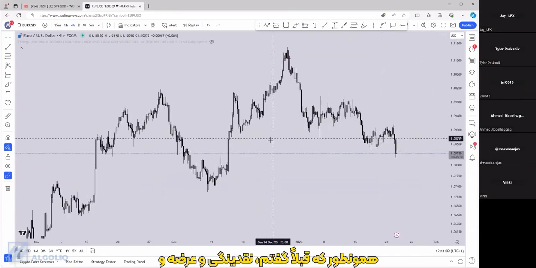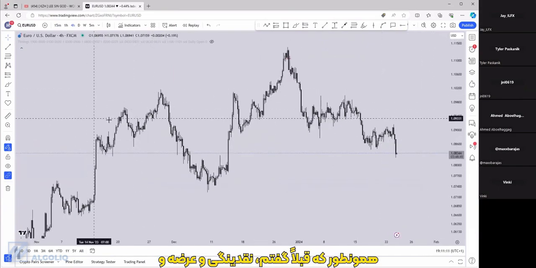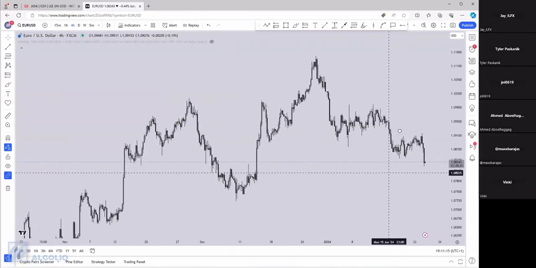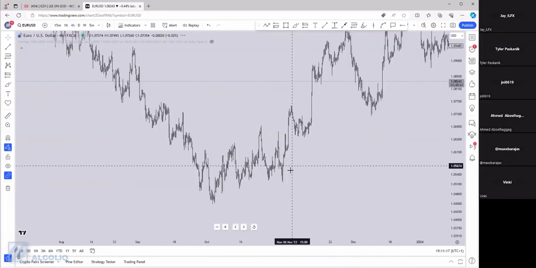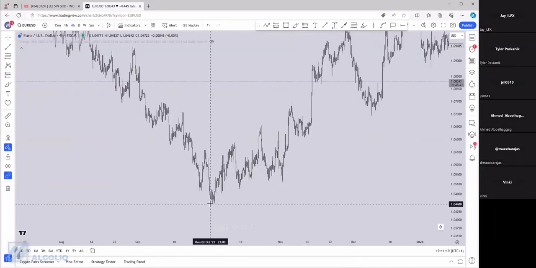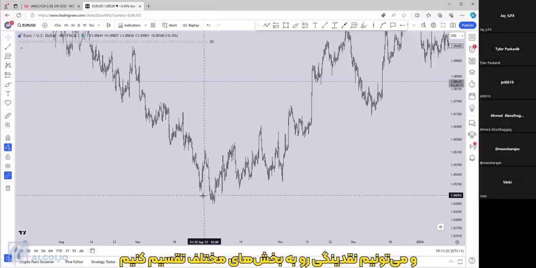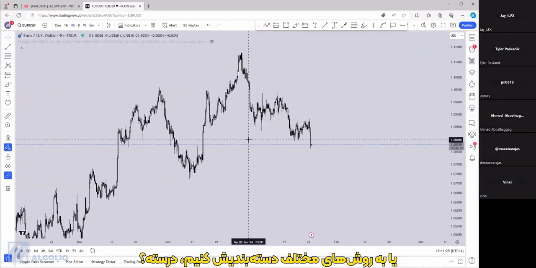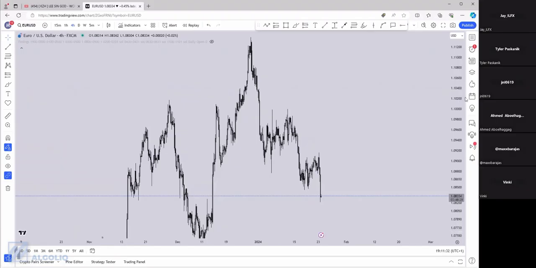So as I told you before, liquidity and supply and demand together is what's driving the final price. And we can divide liquidity in many ways, based on many factors.